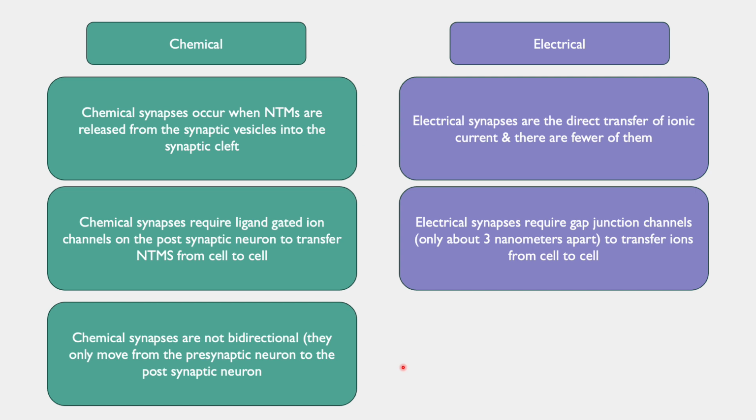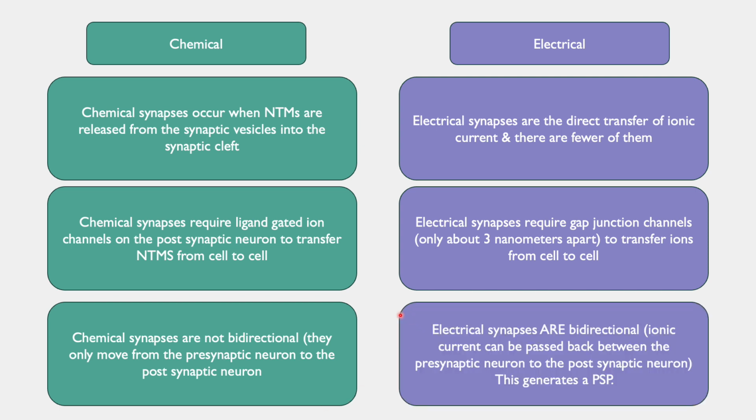Chemical synapses are not bidirectional, meaning they only move from the presynaptic neuron to the postsynaptic neuron. This is how information is transferred from cell to cell, whereas electrical synapses can be bidirectional. This is when the ionic current can be passed between the presynaptic neuron and the postsynaptic neuron.